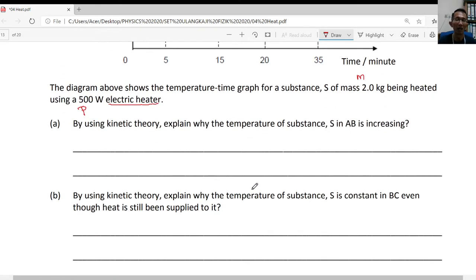Well, the heat absorbed there is used to increase the kinetic energy. That's why the temperature increases, because the kinetic energy of the molecules increases.